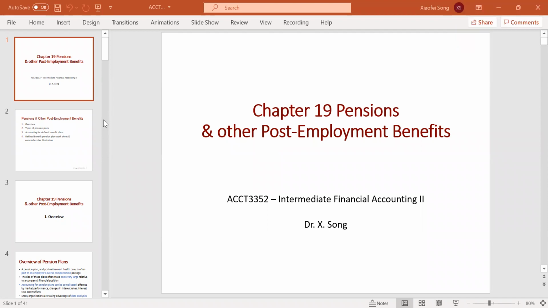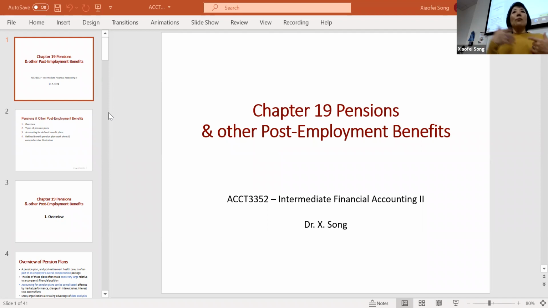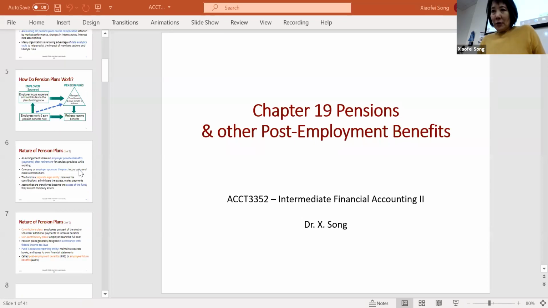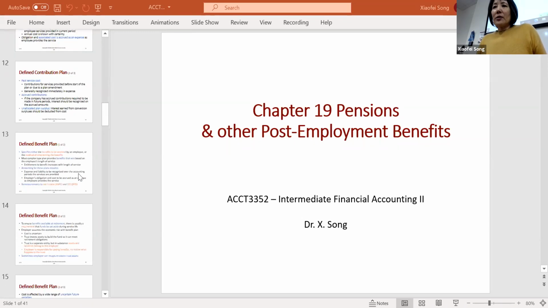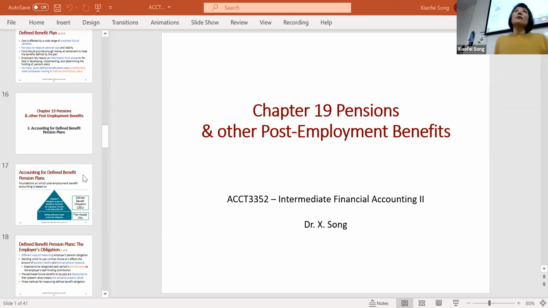Defined contribution is pretty straightforward, and we focus on the complexity of defined benefit pension. What's on the financial statements is actually quite limited. We report pension expense on the income statement, and we report net pension assets or pension liability.